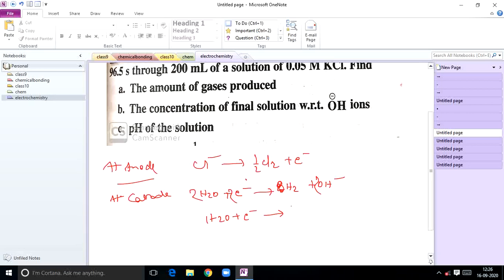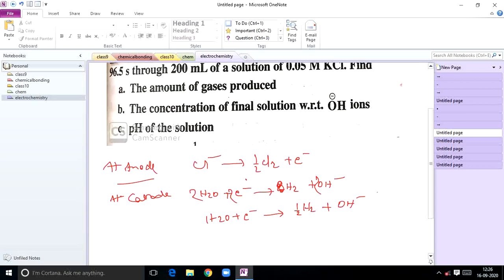So actually 2H2O plus 2 electrons gives rise to H2 plus 2OH minus is the actual equation. So here H2O plus electron gives rise to half H2 plus OH minus. This is the actual reaction which we get.